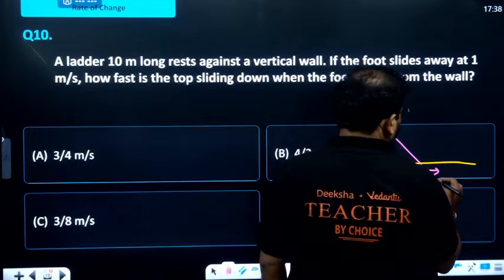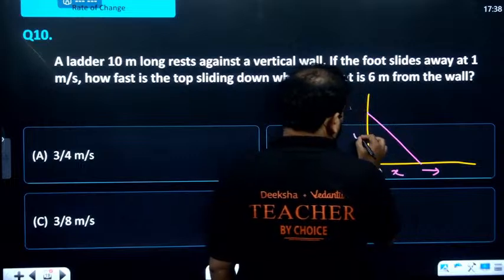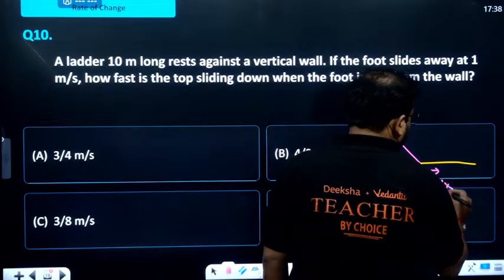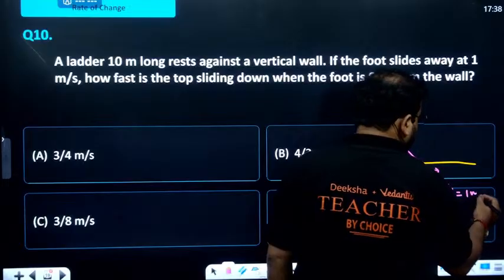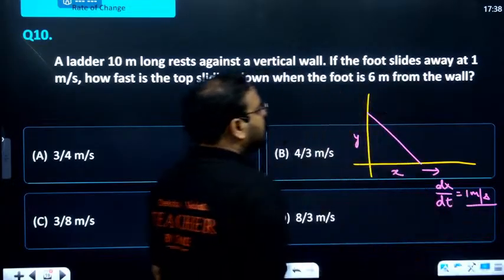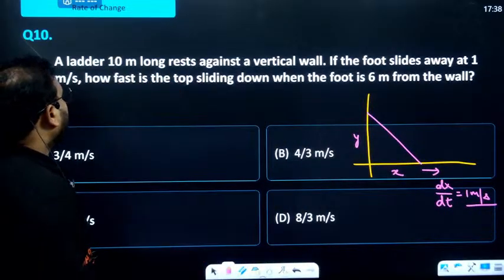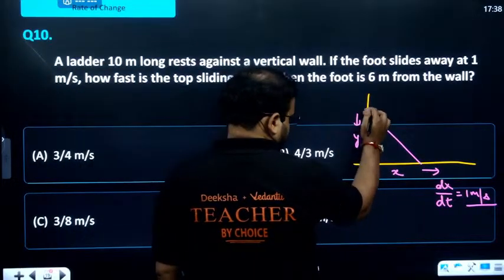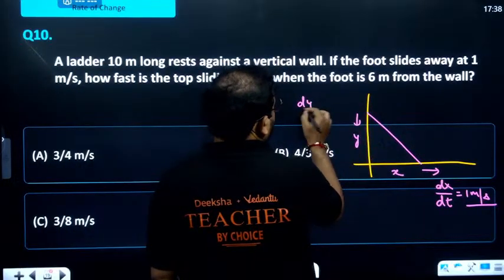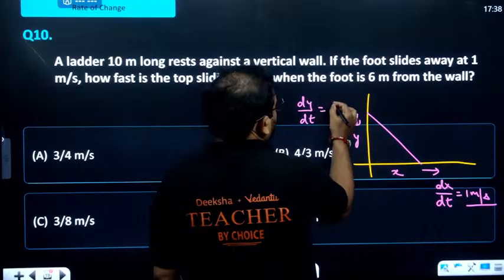If I take this as x and this as y, I have dx by dt given as 1 meter per second. How fast is the top sliding down? Of course, this will be reducing. They're asking us dy by dt equals what?